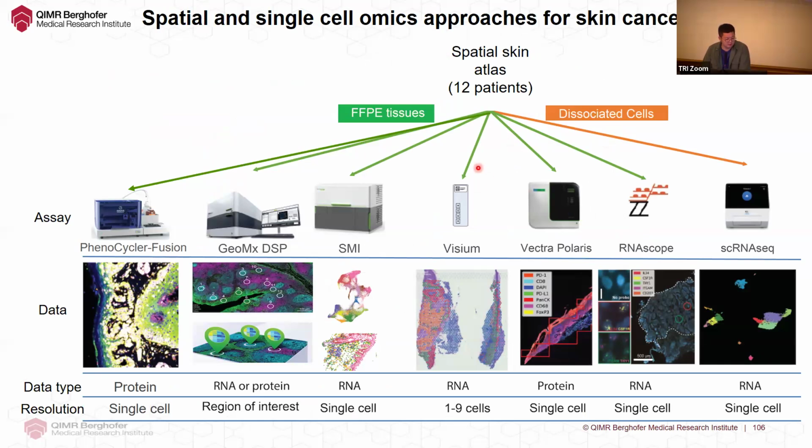In our group, we have a skin atlas project where we collected 12 patient samples and applied different spatial omics technologies. Those technologies can measure different modalities like RNA or proteins, and the resolution can be single cell, a group of cells, or even a region of interest.